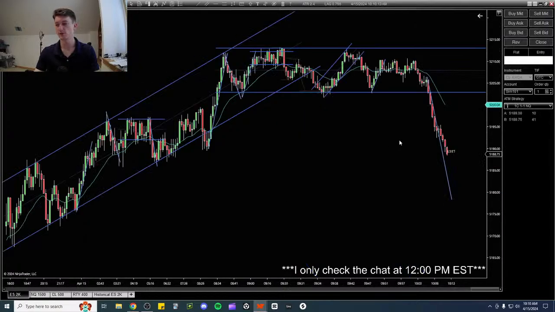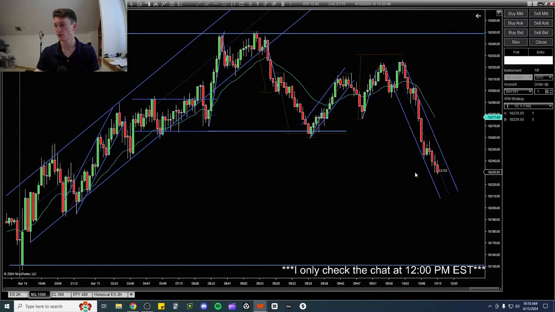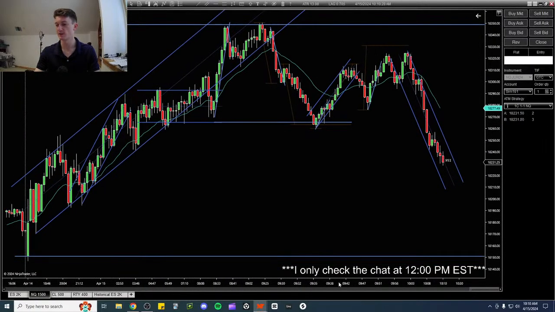Continuing to move down really strongly on the ES and the NQ. Looks like that might be correct to the downside. And we have a similar downtrend on the NQ.